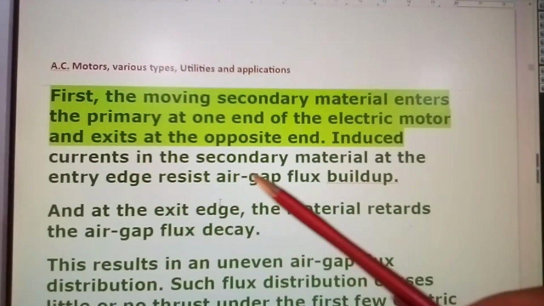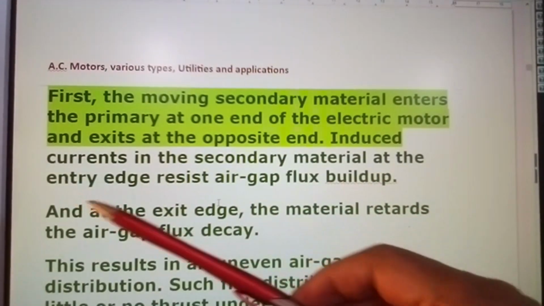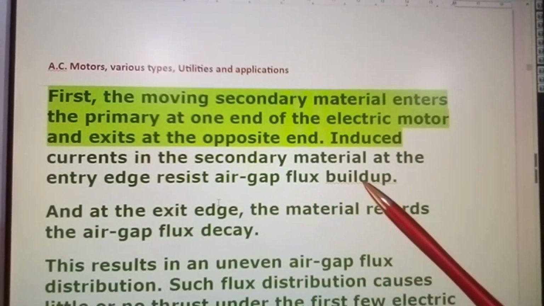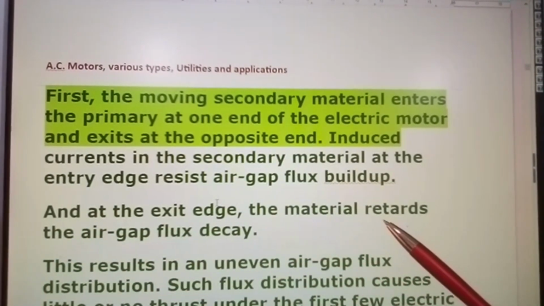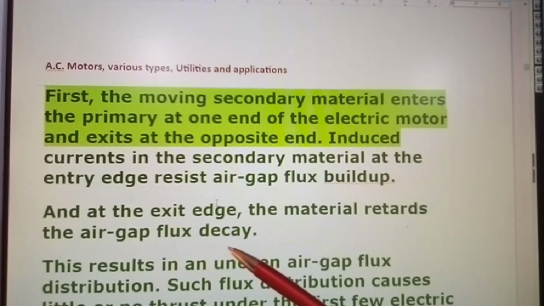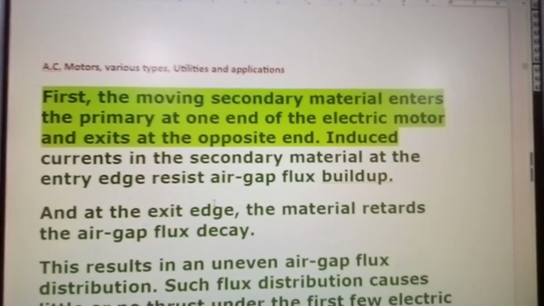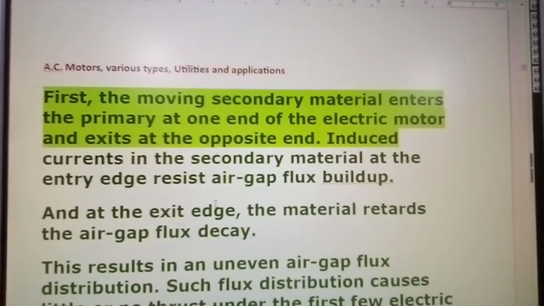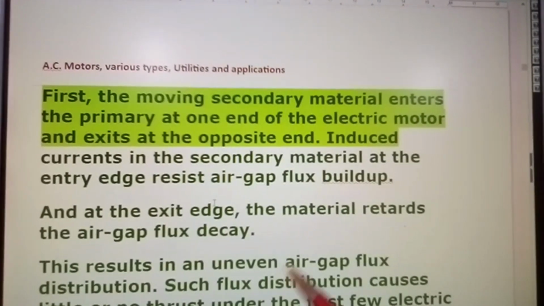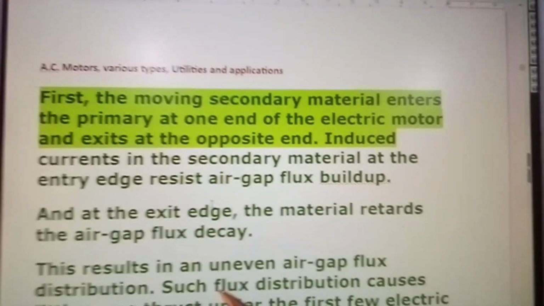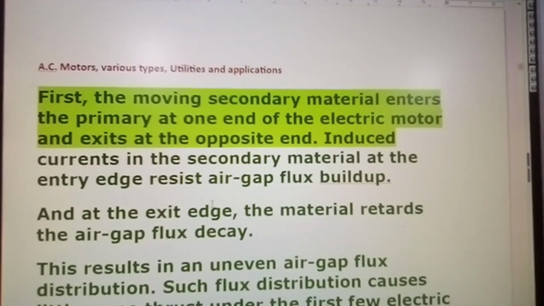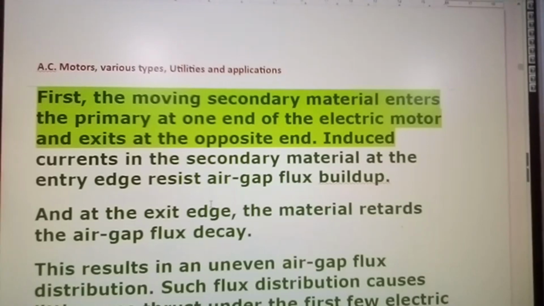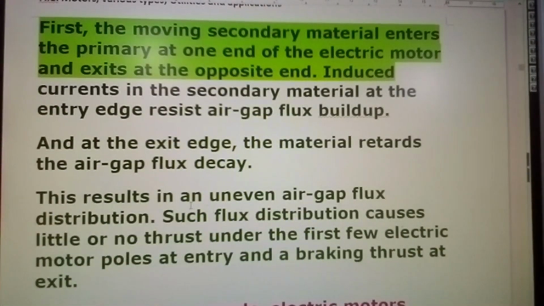Induced currents in the secondary materials at the entry edge resist air gap flux buildup, and at the exit edge, the material retards the air gap flux decay. This results in an uneven air gap flux distribution. Such flux distribution causes little or no thrust under the first few electric motor poles at entry and a braking thrust at exit.